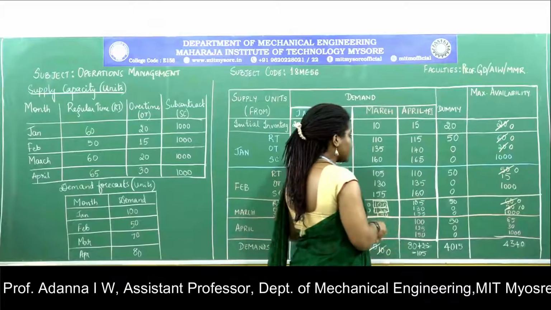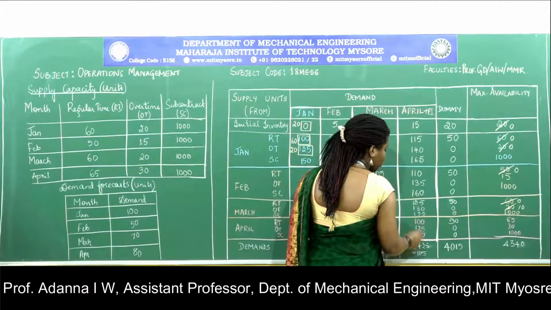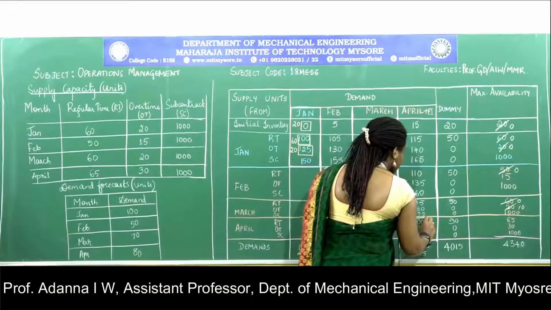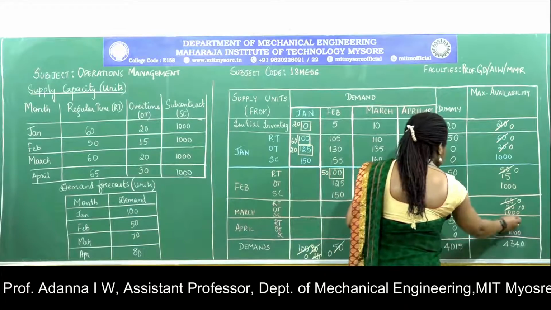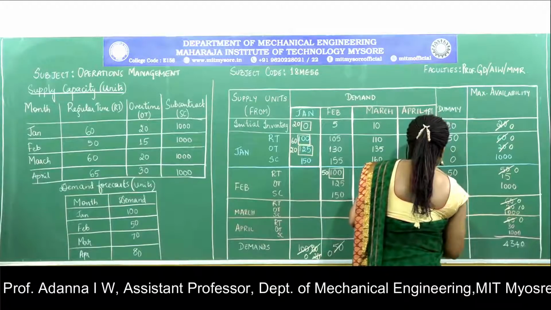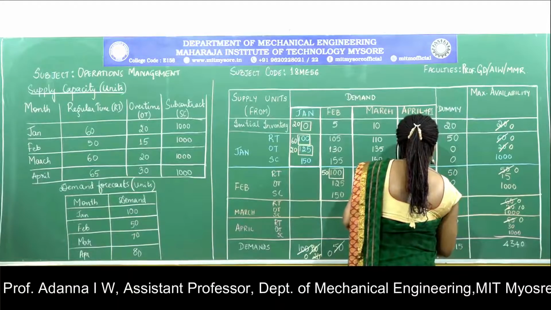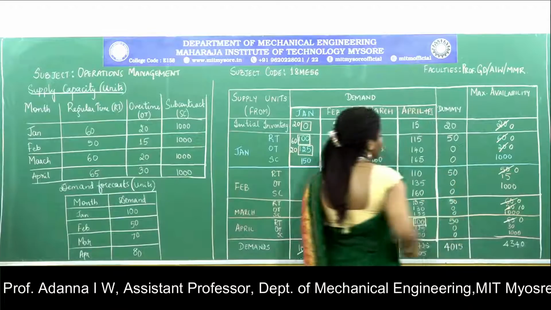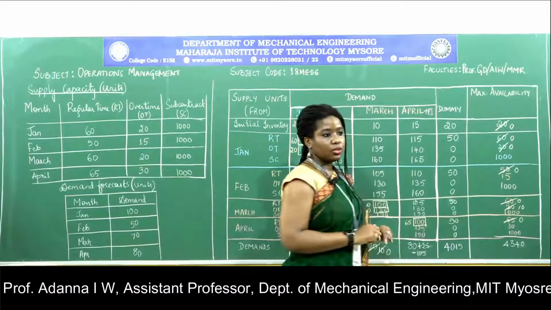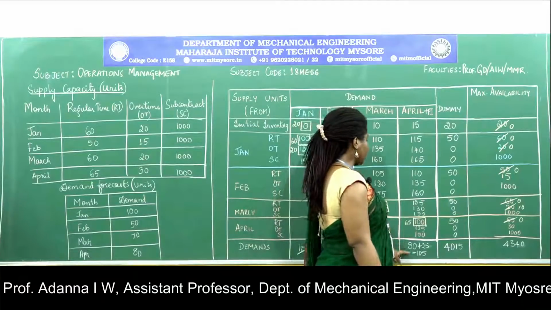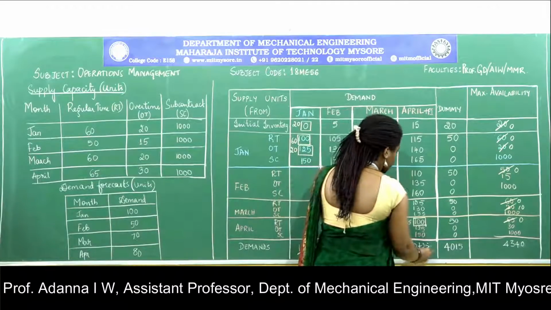So here you have 65 units and 105 units. Fulfill this demand partially, exhaust this supply. So once this is done, you have fulfilled a partial demand over here.